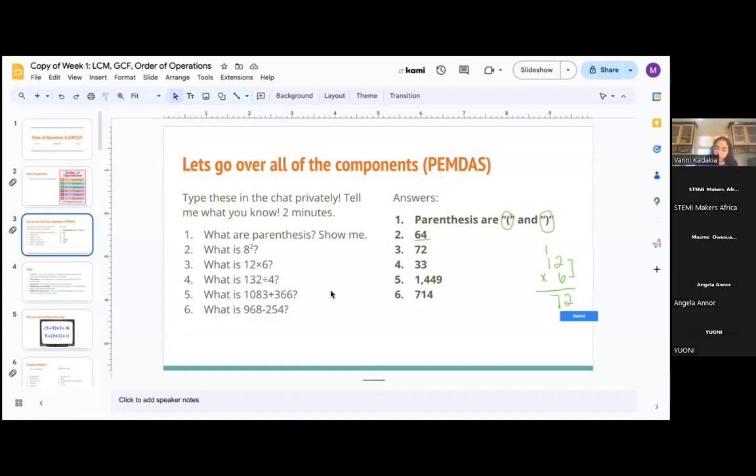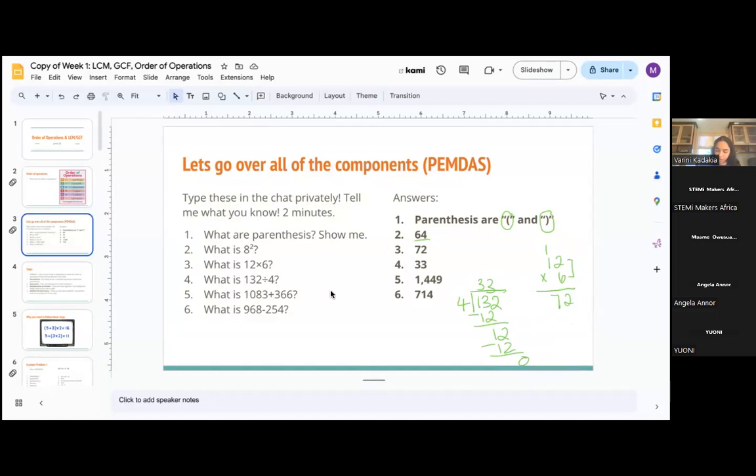And then 132 divided by 4. 4 goes into 13 3 times, so minus 12. You get 1, bring down the 2 to get 12, which is 3 times, so then you do minus 12, and you get 0. So the answer is 33.